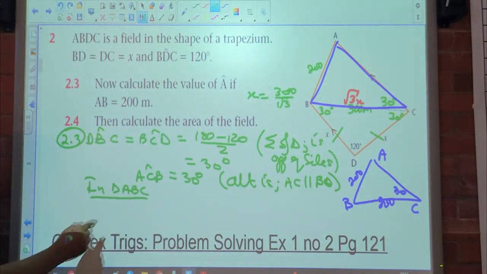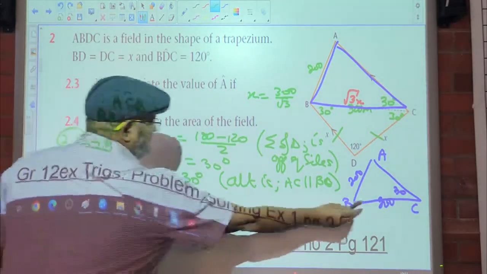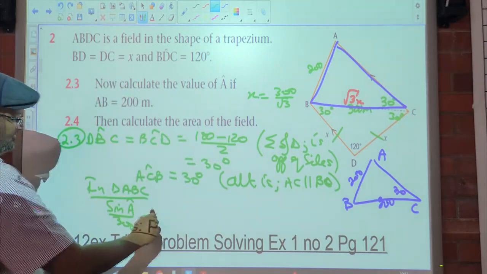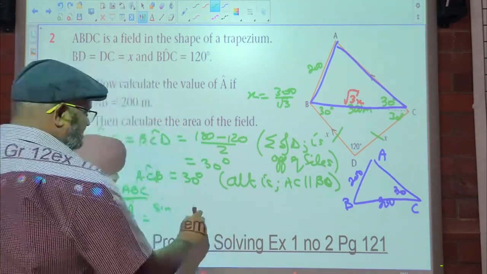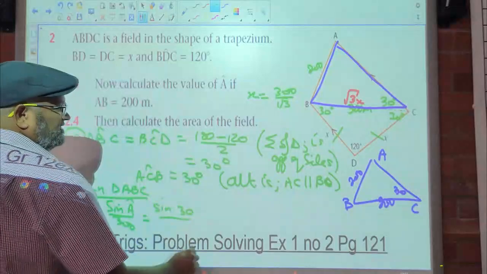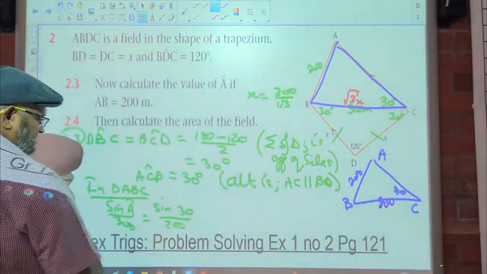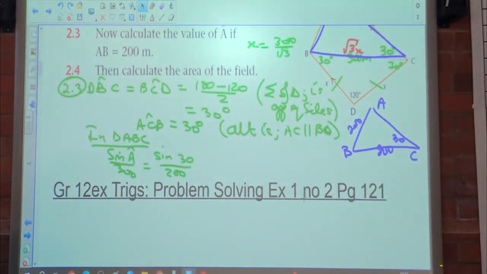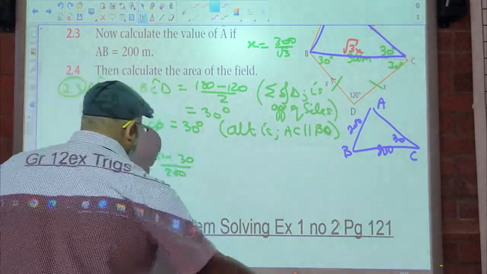What do we say? We say that sine of A over its opposite length of 300 is equal to sine of 30 degrees over 200. Not so? So what do we do now? Cross multiply. Let's just move that 300 up.